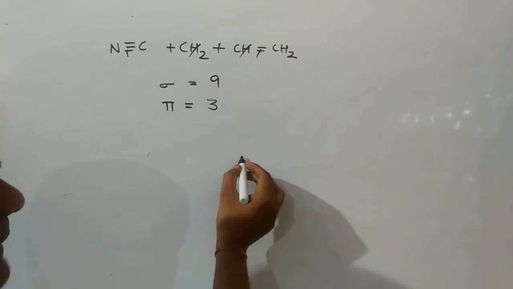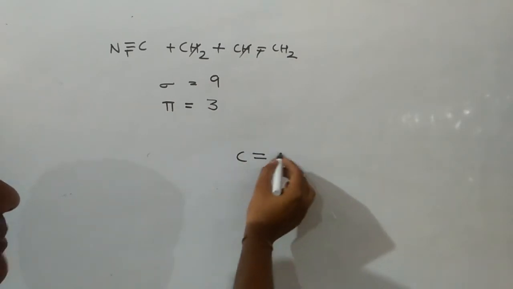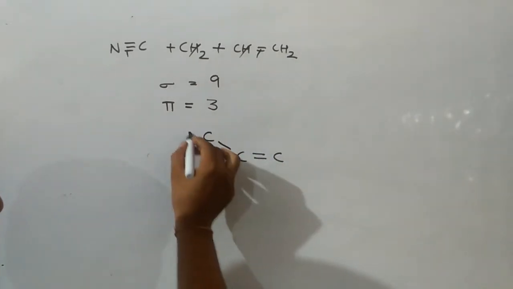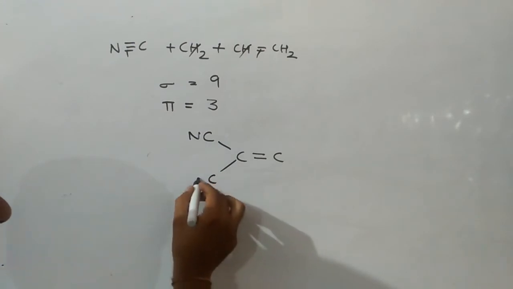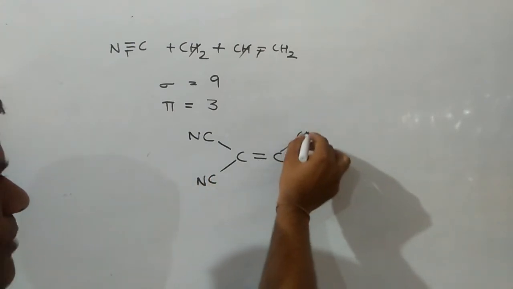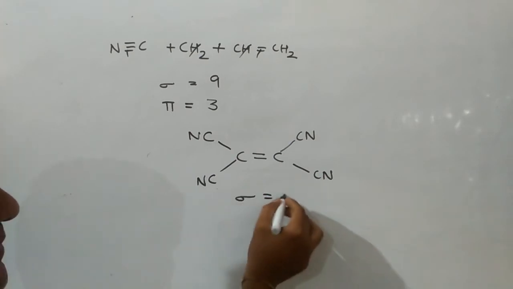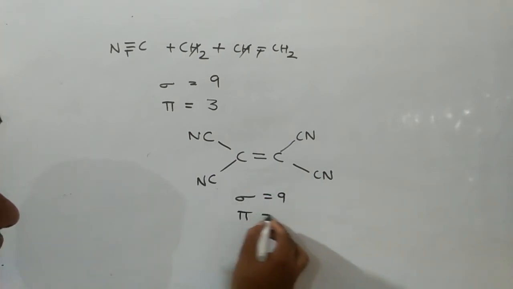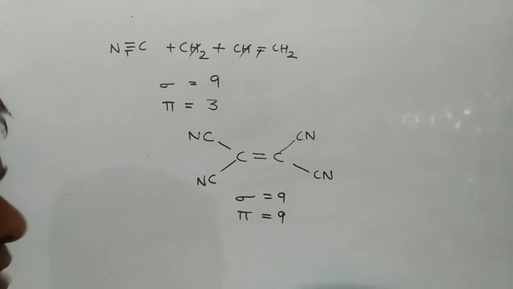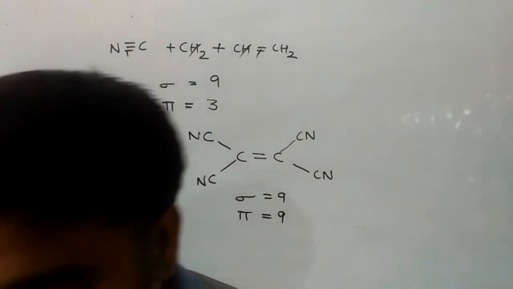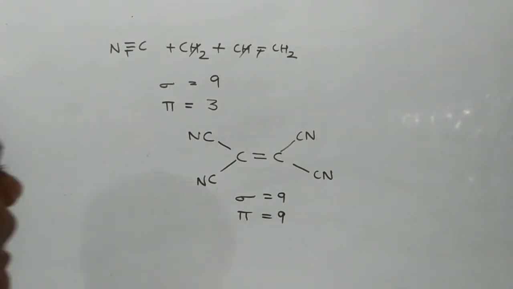The next case might be how many sigma and pi bonds are present in this molecule, with 4 CN groups present on ethene. In this case, the number of sigma bonds is 9 as well as the number of pi bonds is 9.